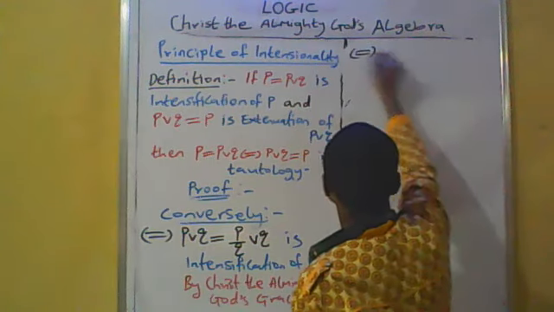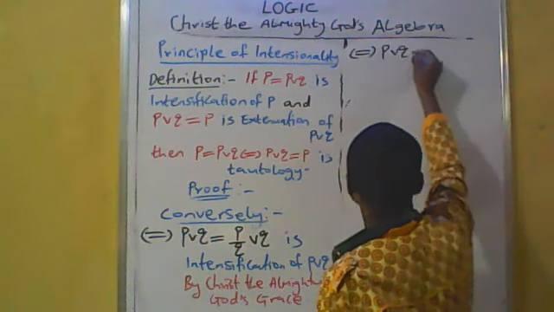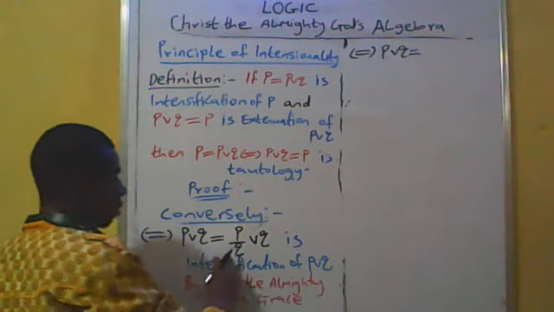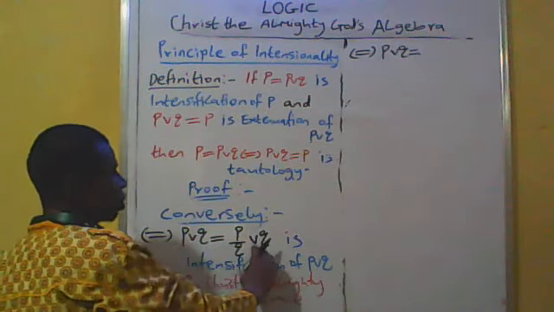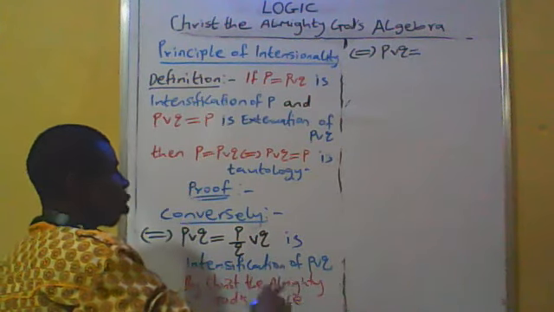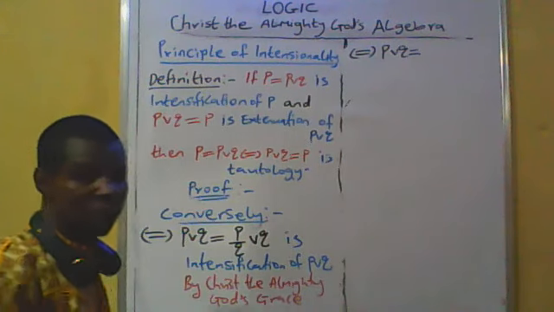If and only if P or Q is equal to, now let us distribute this implication to this Q. That is going to give P or Q implies Q, which is justified by distribution of implication.